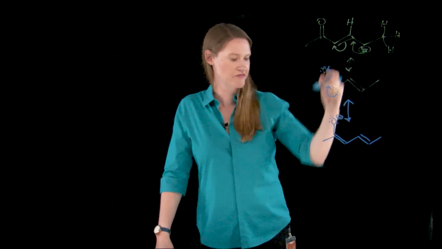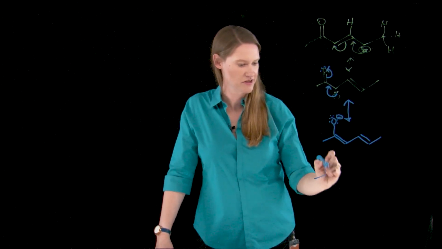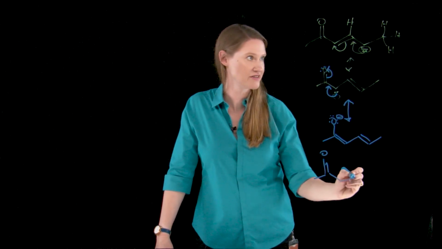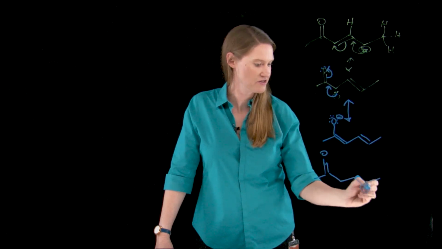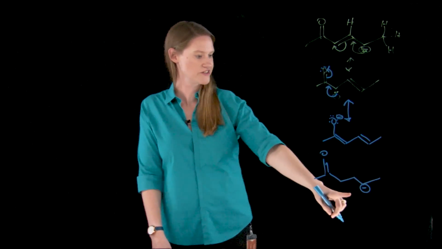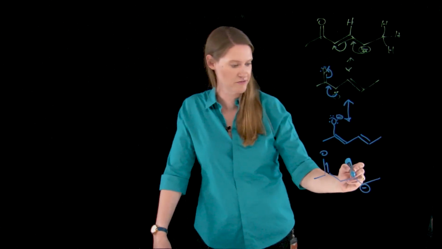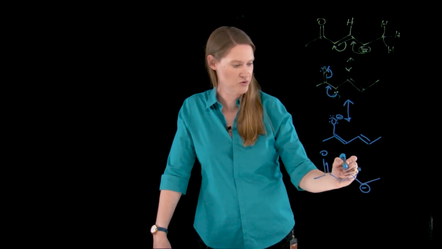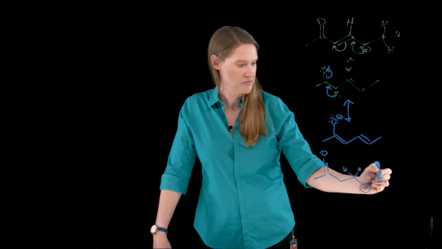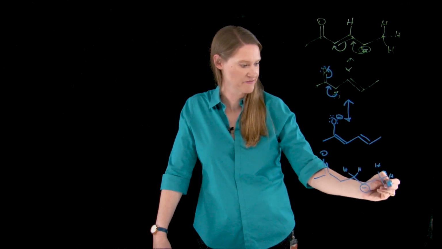If we had started with a very similar molecule, but if we took out that inner double bond, okay, if we just started with this, this negative charge has no valid resonance forms. There's already 2 hydrogens here and 3 hydrogens here.